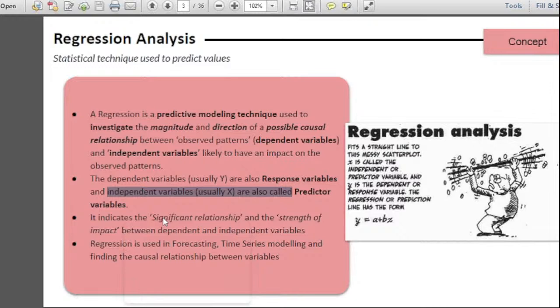And if the p-value is large, it means the variable is insignificant. The larger the p-value, the more insignificant the independent variable is in determining the value of y.